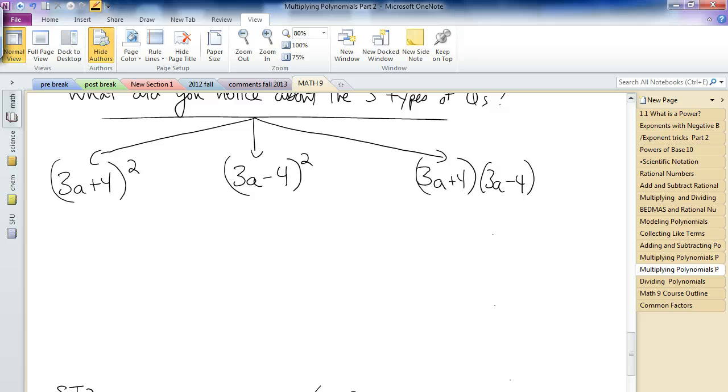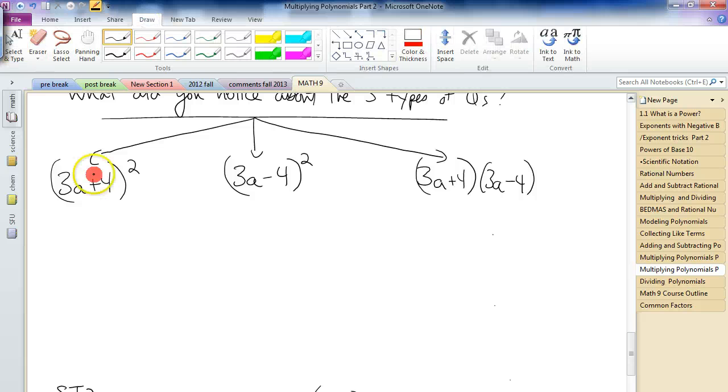Well, when you have this situation here, here's what you do. And again, if you don't have to do this trick, you can do it the old-fashioned way above. I'm just showing you a shortcut if you like it. When you see something like this, the same binomial multiplied by itself, that means it's squared, you just square everything inside.